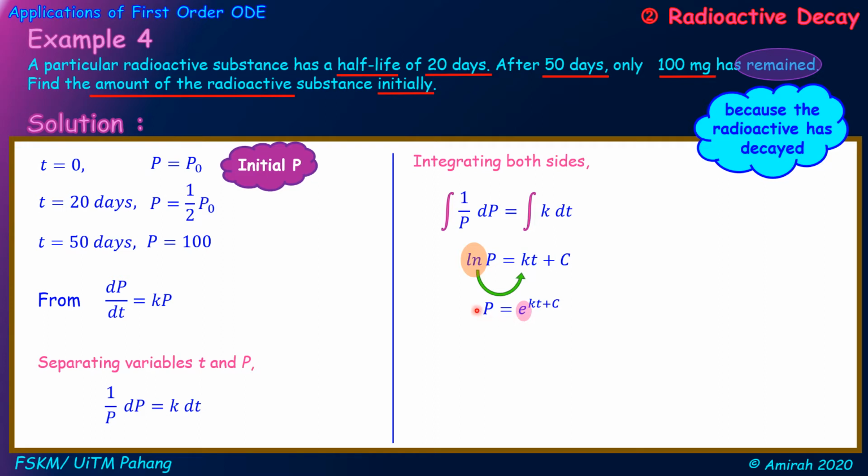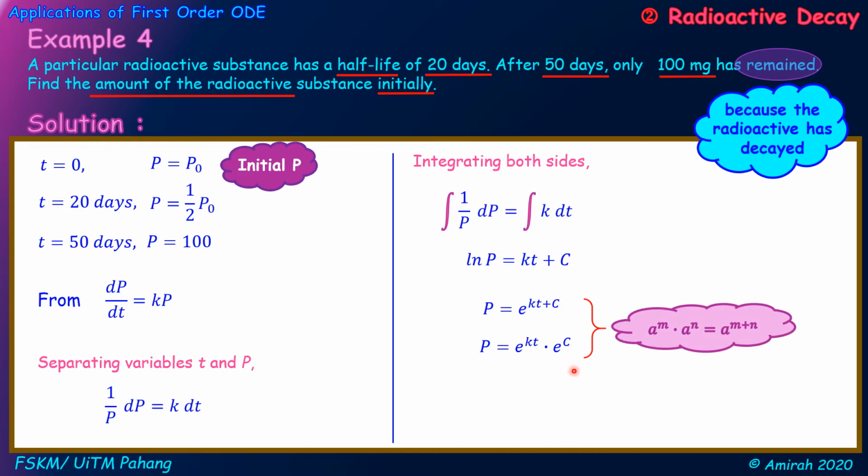So we have P as a subject, and then e to the power of kt plus C. And after that, we separate e to the power of kt plus C equals to e to the power of kt times e to the power of C, using the properties of indices a to the power of m times a to the power of n equals to a to the power of m plus n.